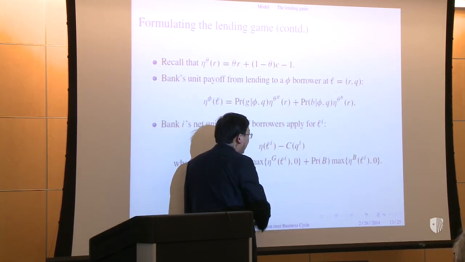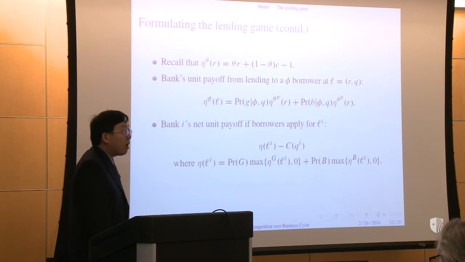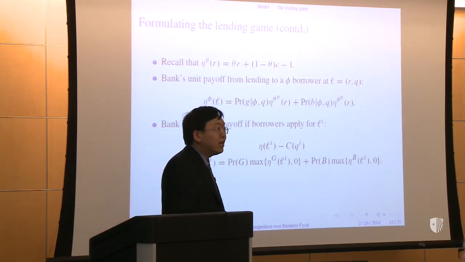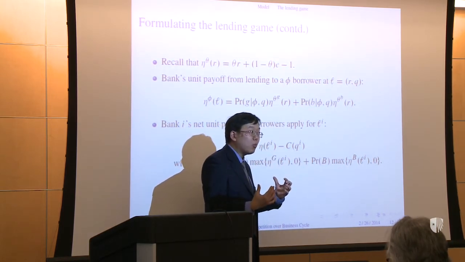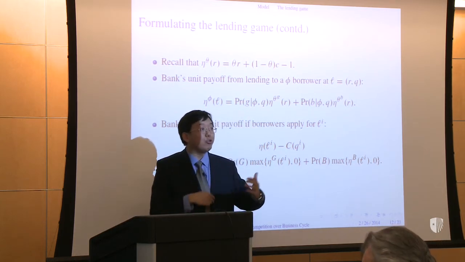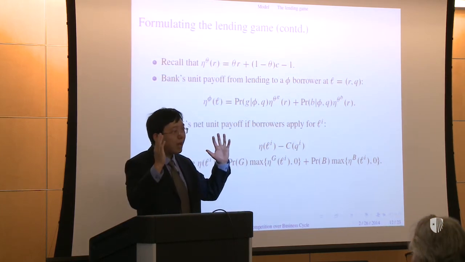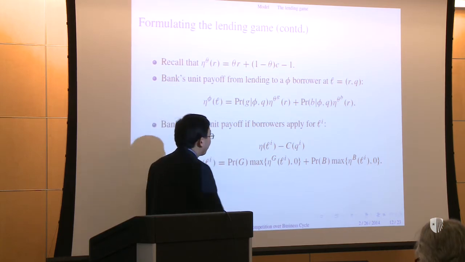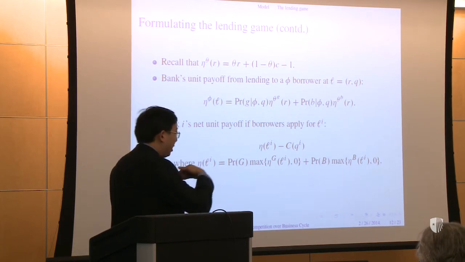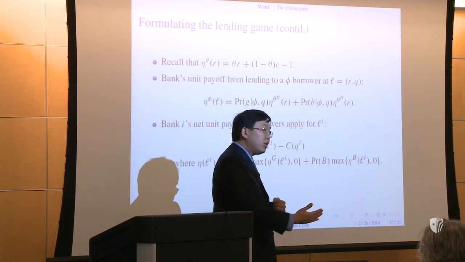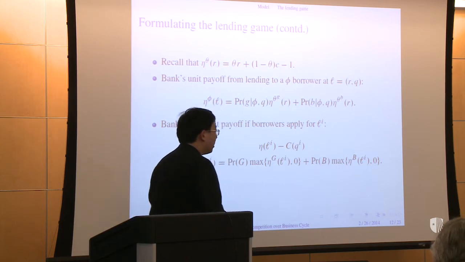What's going to happen is that if this payoff to a phi borrower is negative, that is, the probability of this phi borrower turning out to be a bad one is too high, then it's never profitable to lend to this guy. And therefore, if this whole term is negative, then the bank will simply deny credit to this guy and only lend money to the guy with a positive expected payoff. Okay?